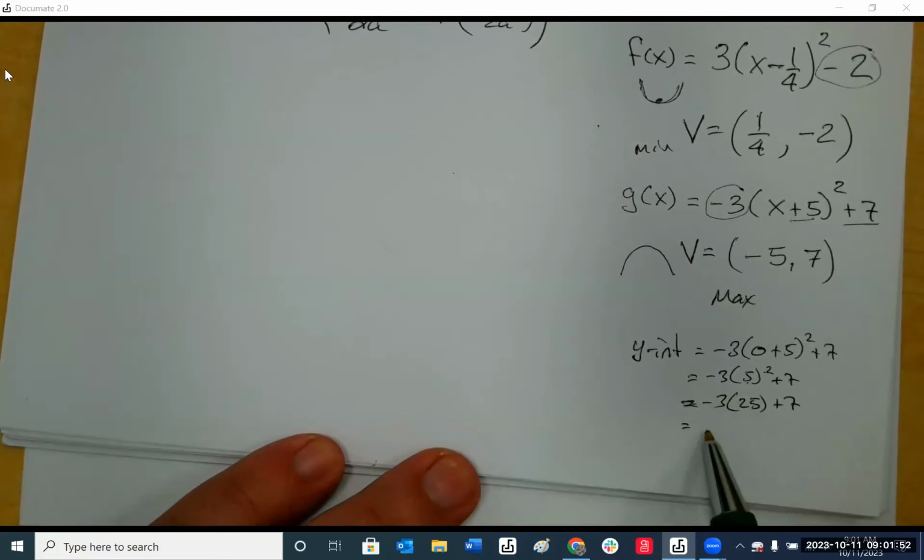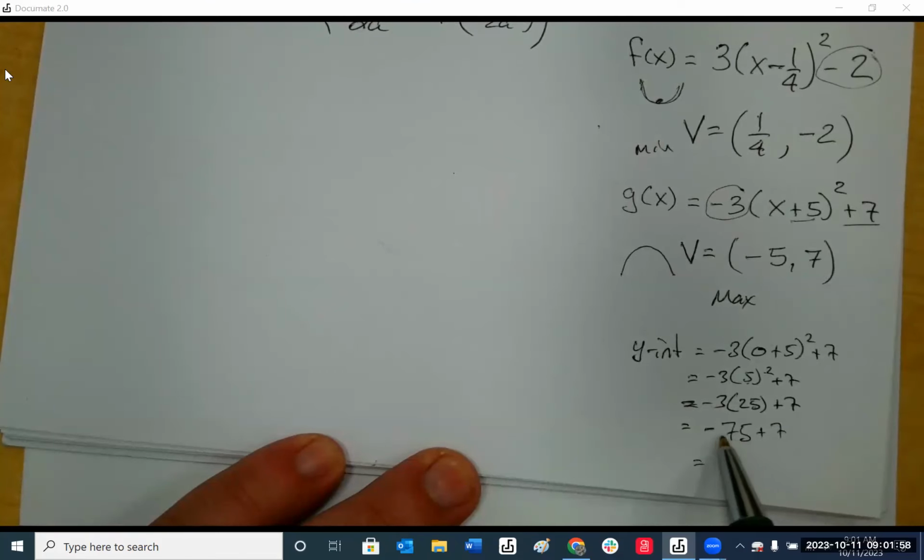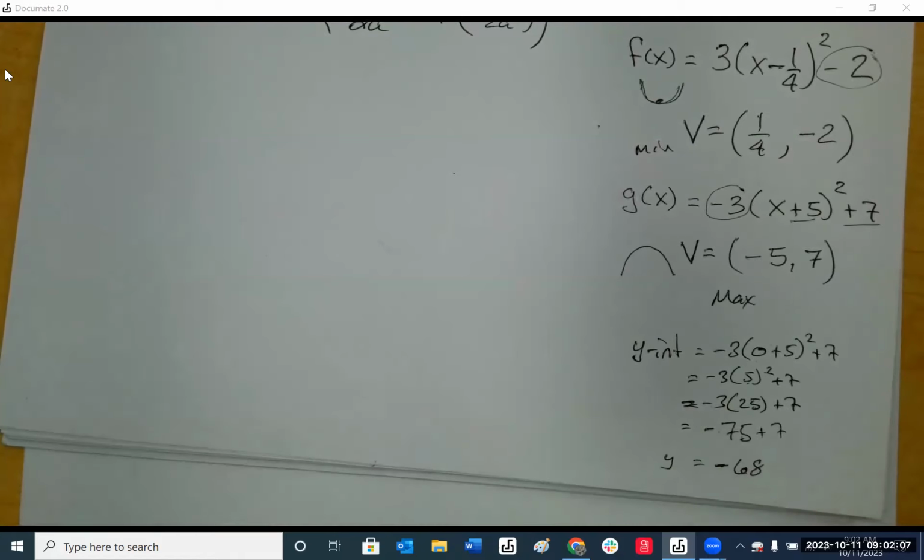Positive times negative is negative. 25 times 3 is 75. Negative 75 plus 7, 75 is bigger, so the answer is negative: 75 minus 7 is negative 68. So that's the y-intercept at negative 68 on the y-axis.